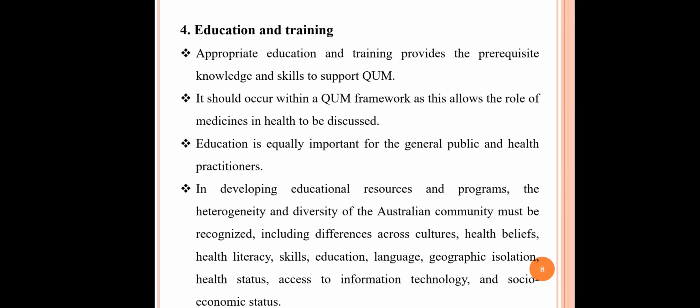In developing educational resources and programs, the heterogeneity and diversity of the Australian community must be recognized, including differences across cultures, health beliefs, health literacy skills, education, language, geographical isolation, health status, access to information technology, and socio-economic status.